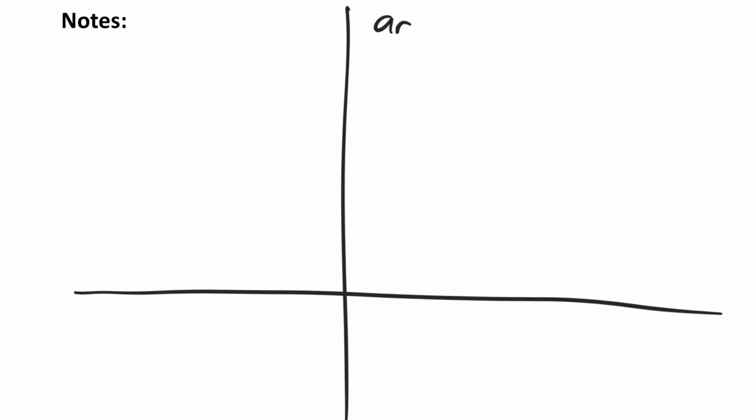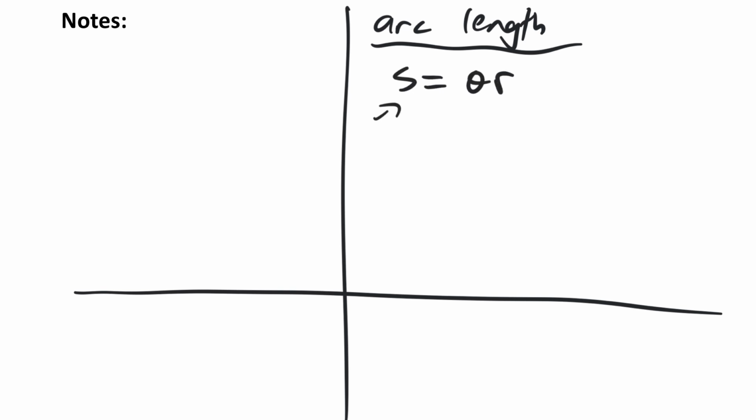All right, so let's go ahead and take some notes. We studied arc length. That was our topic for today. The formula is S equals theta r. S is going to be, just as a little diagram here, we've got our circle. And this section here, this is our S. Now, theta is going to be this angle in here.